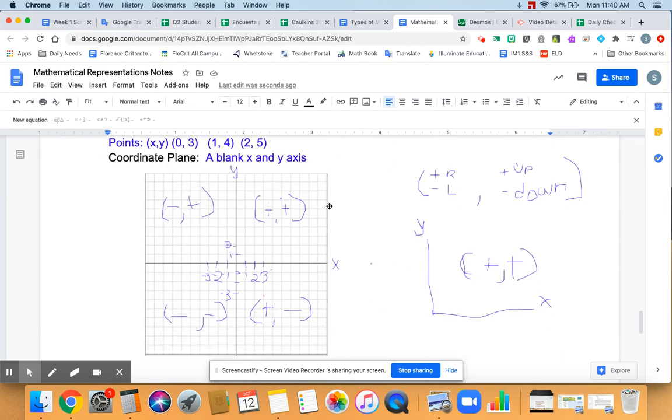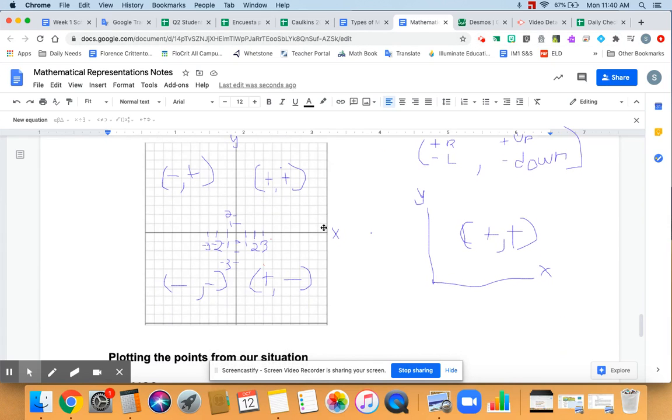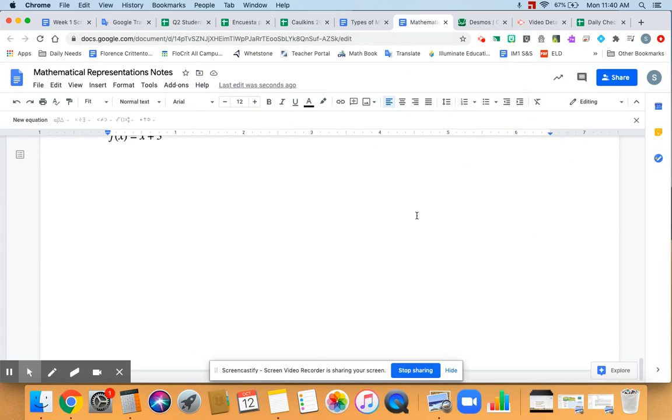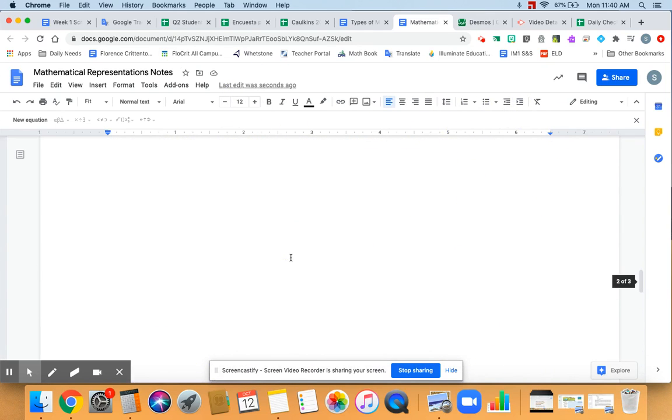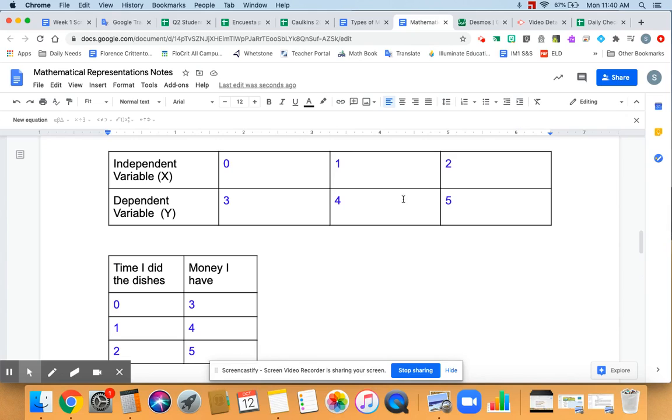Then the graph ends up representing it like a picture. And the equation represents it in a way that allows you to figure out, for any x you plug in, what's the exact y. Because with tables, for example, if you look at this and I'm like, all right, what if I did the dishes 20 times?